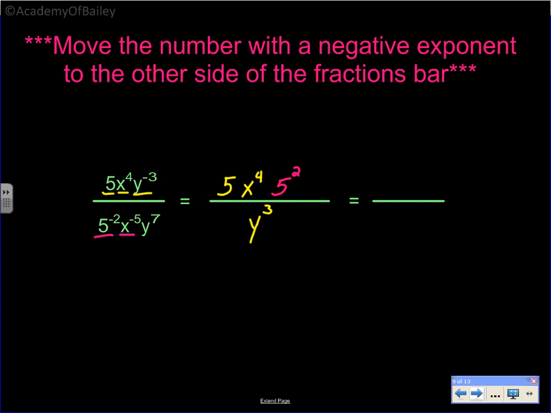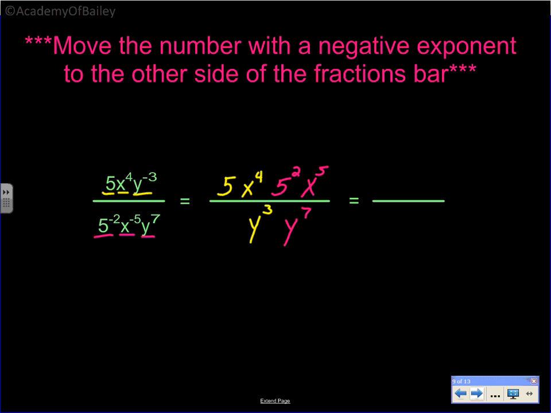So since it's a negative exponent, we have to move it to the other side of the fraction bar. X to the positive 5th power. When we move them, it becomes positive. And y to the 7th, well, it's positive already, so it stays where it's at. And so this is what we have. And now let's go ahead and combine some like terms.